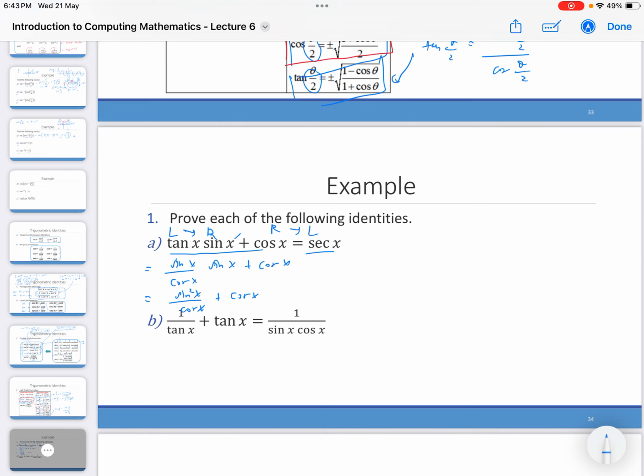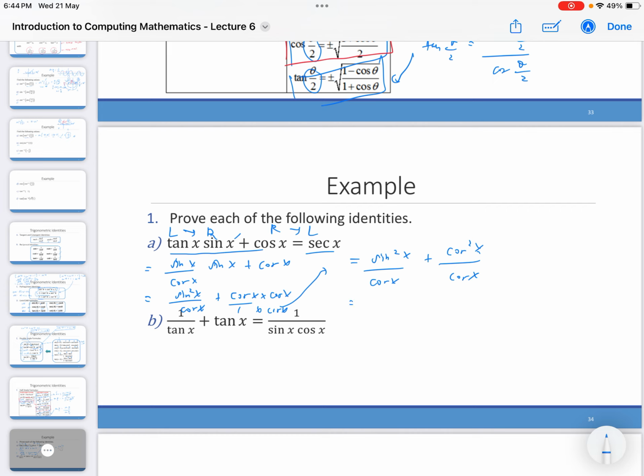And this cos x is actually cos x over 1, so we want to make the denominator the same. So we multiply both by cos x. So we get sine squared x over cos x plus cos squared x over cos x.